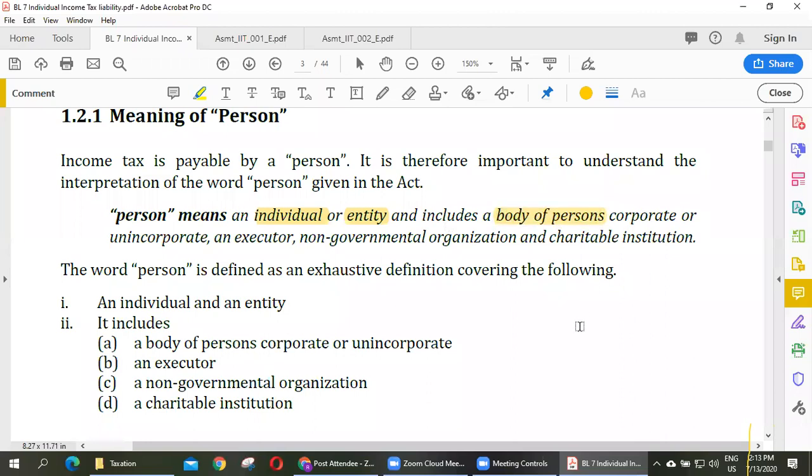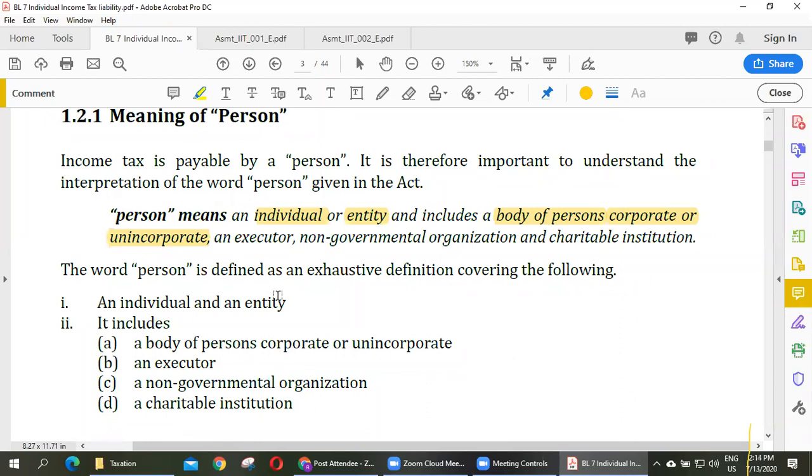A body of persons means a group of people, corporate or unincorporated. Corporate means incorporated companies. There are some clubs, unincorporated. An executor, NGOs, non-government organizations, and charitable institutes, charities, non-profit organizations. So a person means an individual.